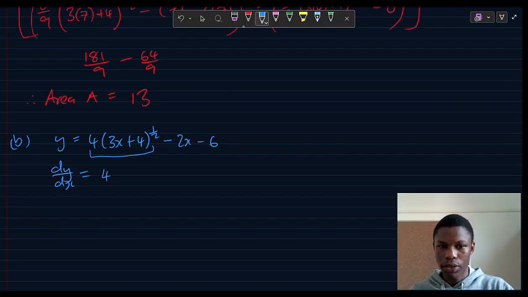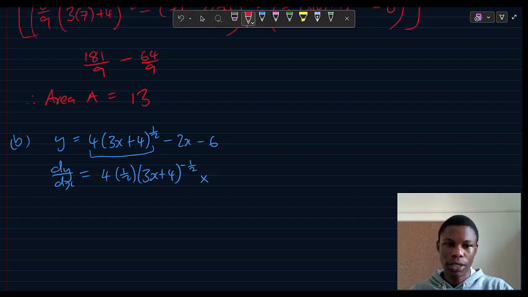First differentiate the outer function, which is the one with the power half. You bring down the power half, multiplying by 3x plus 4, and subtract 1 from the power, that's negative 1 over 2. Now you differentiate the inner function. Differentiate 3x plus 4, you get 3.